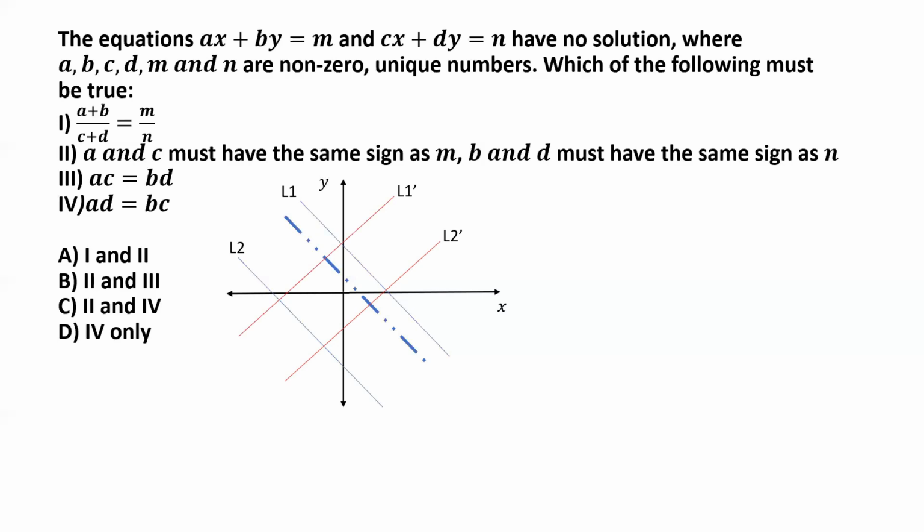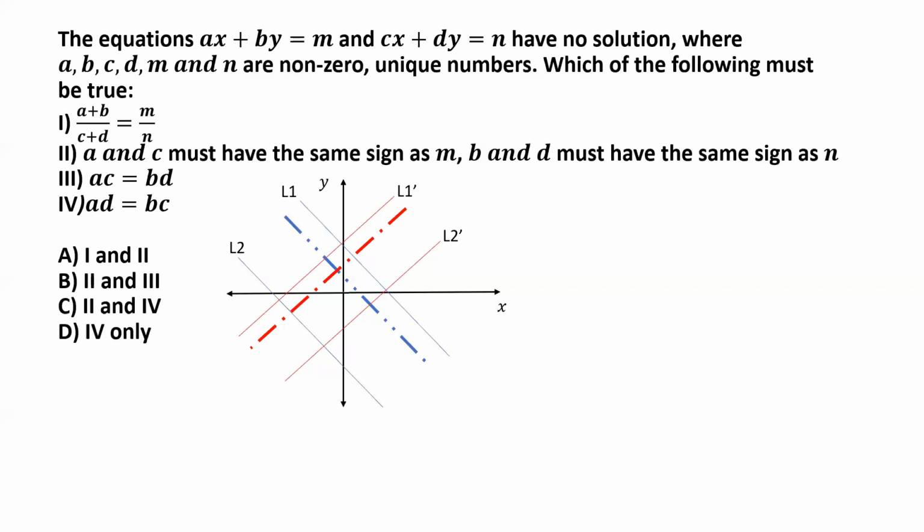Again, the sign of the slope doesn't matter. The criteria for them being parallel is that they need to have equal slopes, whether negative or positive. The same is true for intercepts. These lines can have different intercepts, but as long as they're parallel, they don't have a common point, they don't intersect, and that means the equations they represent don't have a solution.